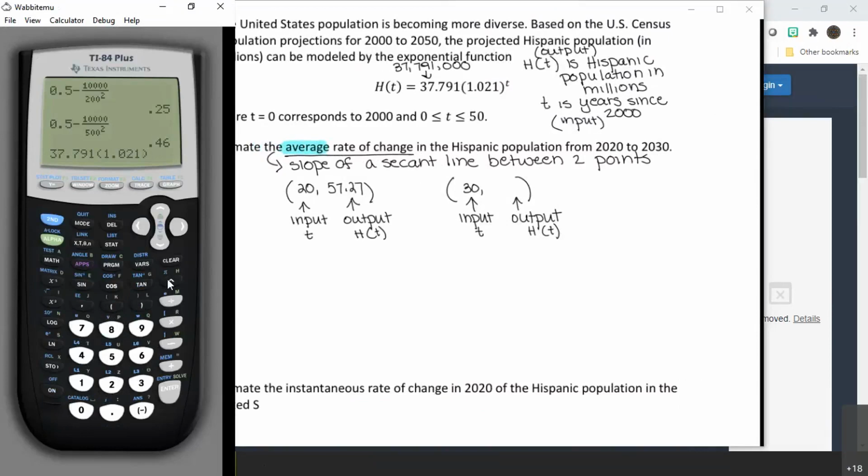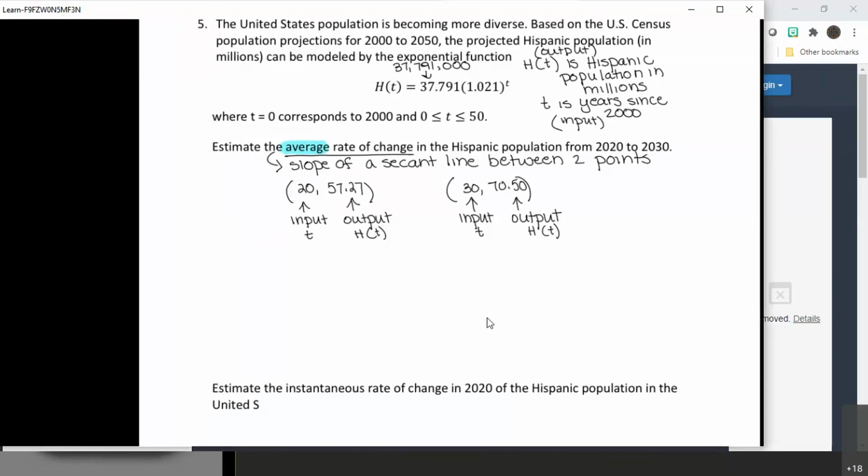On the TI, here's how you raise to a power. You put 30 in for your exponent. Again, that one is 70.50, and I'm going to round. Everybody see how I got the H of T values for 20 and 30?